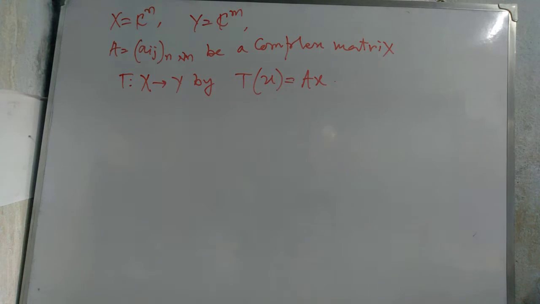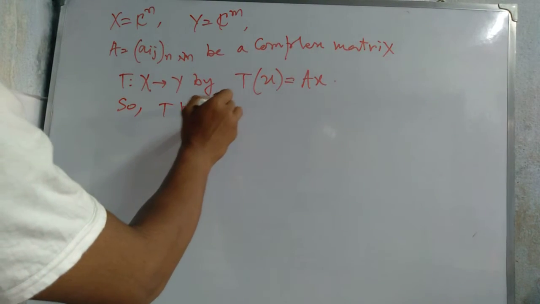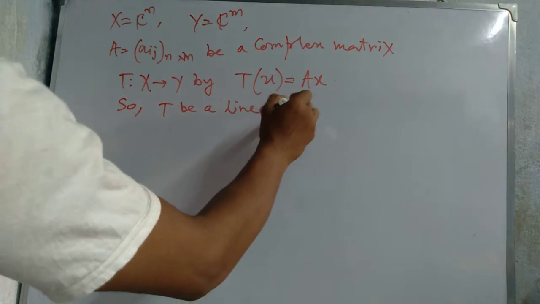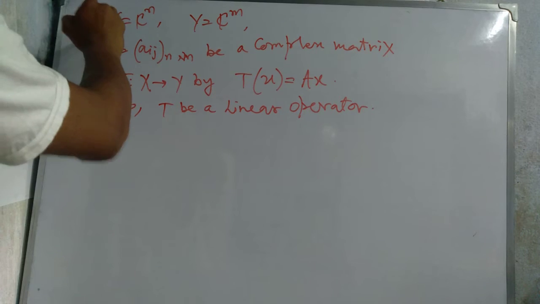Then T of alpha x equals A alpha x, and obviously alpha is common, so this one is a linear operator. So T is a linear operator. Okay, we also check it.